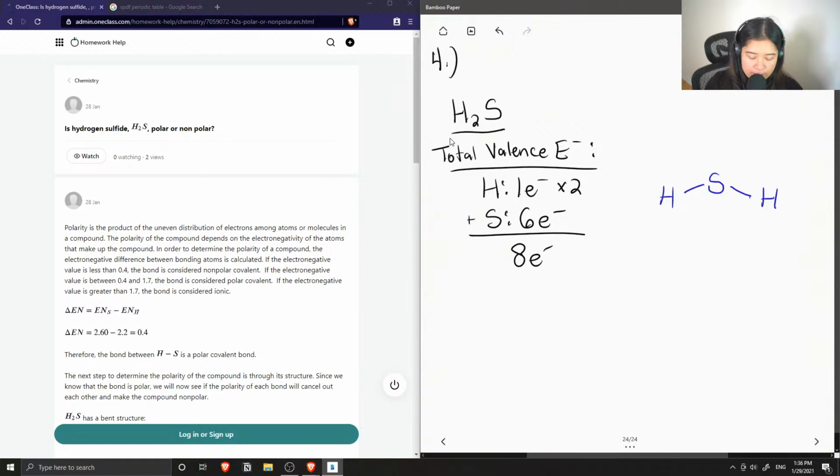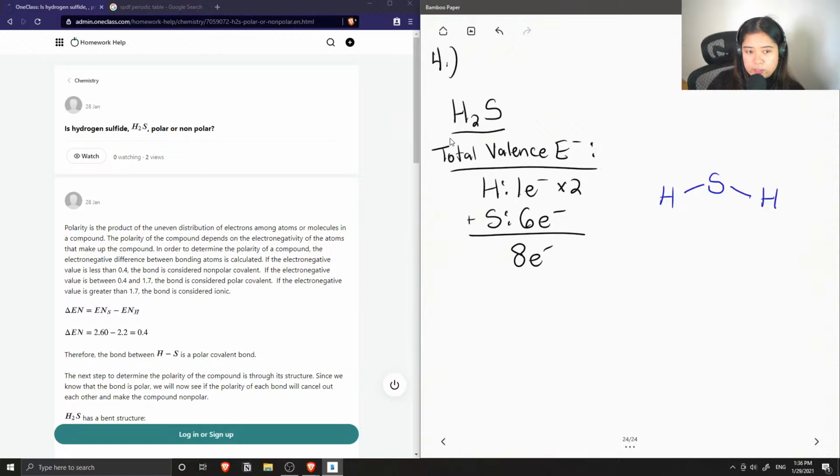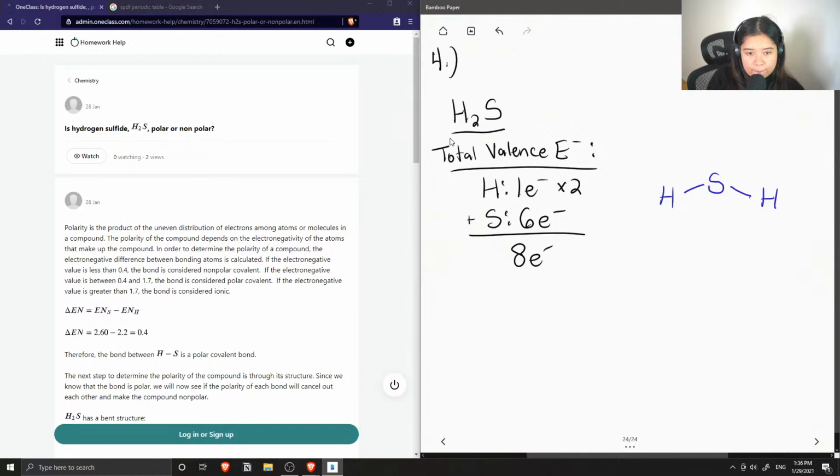If we recall that each bond contains 2 bonding electrons, and we have 2 bonds, then I only have 4 out of the 8 electrons drawn in this structure. So I draw the remaining 4 on my central atom like so. Now we have this bent structure.